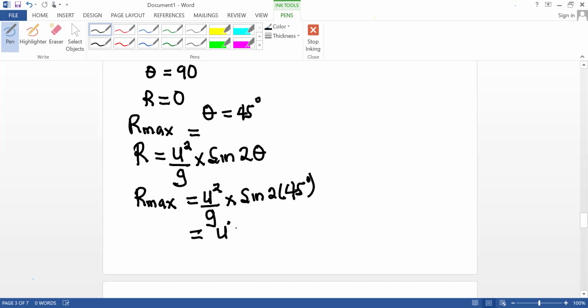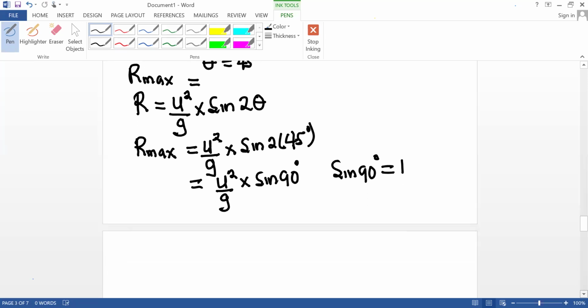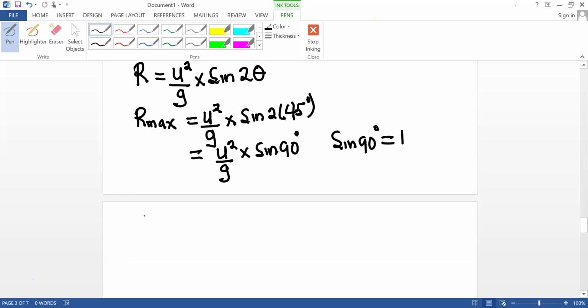So we have U squared over g times sine of 90. Now, because sine 90 is equal to 1, R maximum is simply U squared over g.